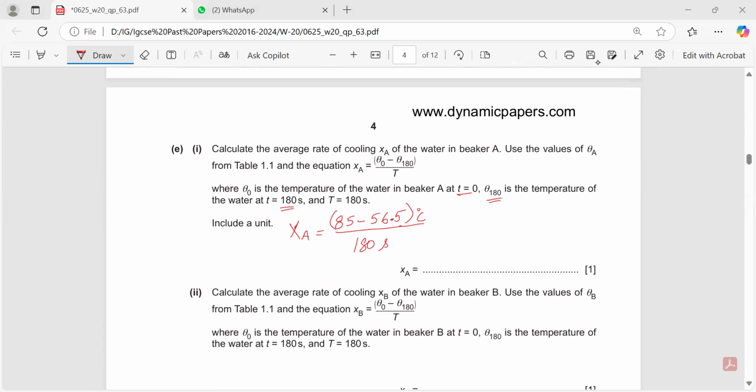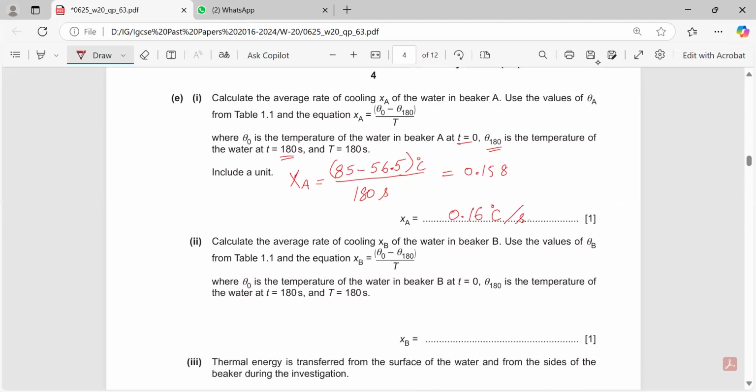So the answer is 0.1583, which I can round off to 0.16 degrees Celsius per second.